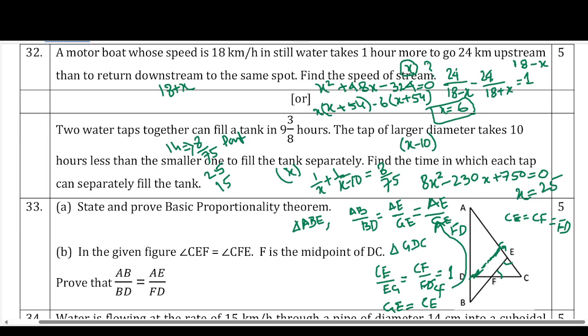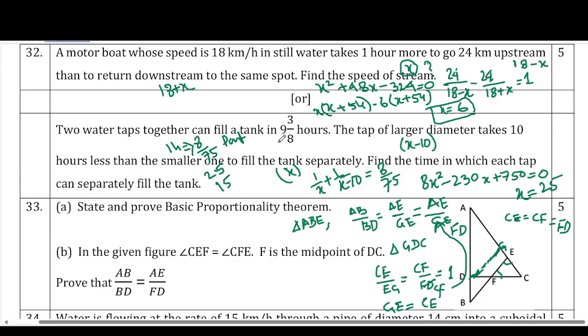Okay. Two water taps, this is another similar question. Two water taps together can fill a tank in 3 by 8 hours. The tap of larger diameter takes 10 hours less than the smaller one to fill the tank separately. Find the time in which each tap can separately fill the tank.